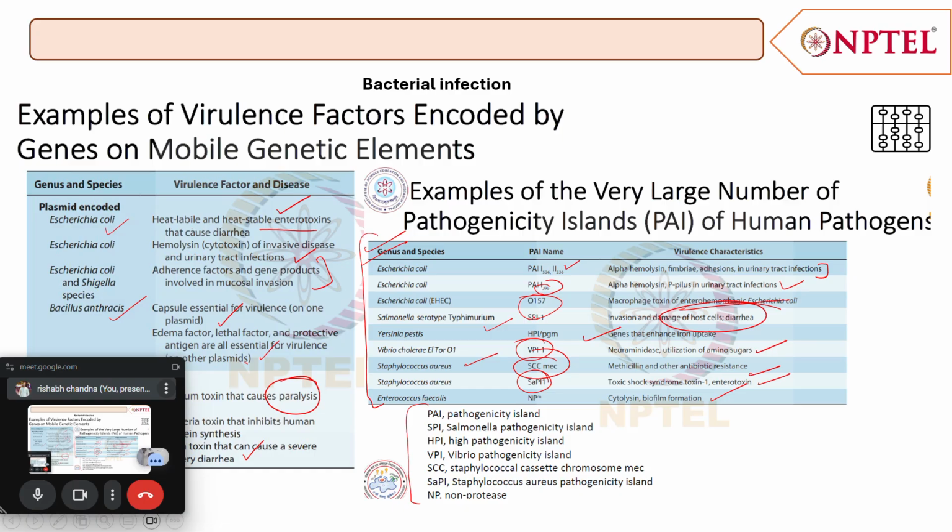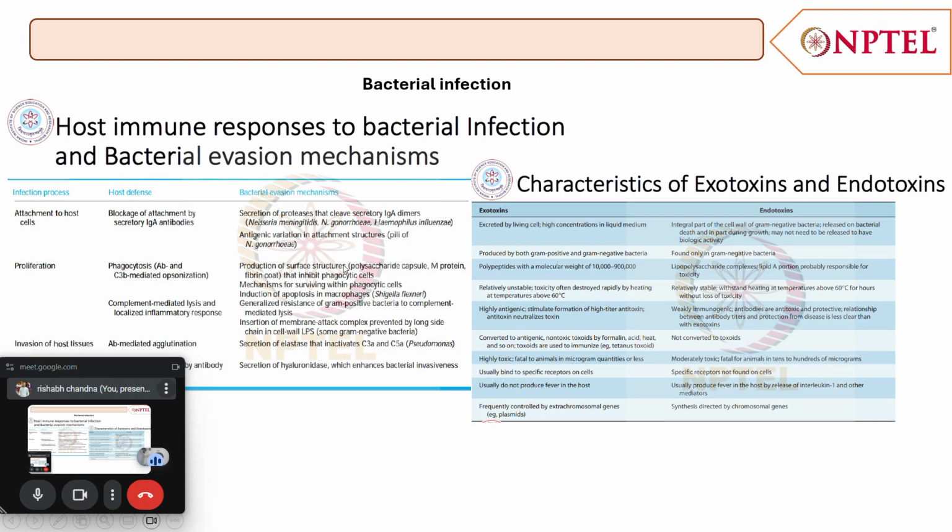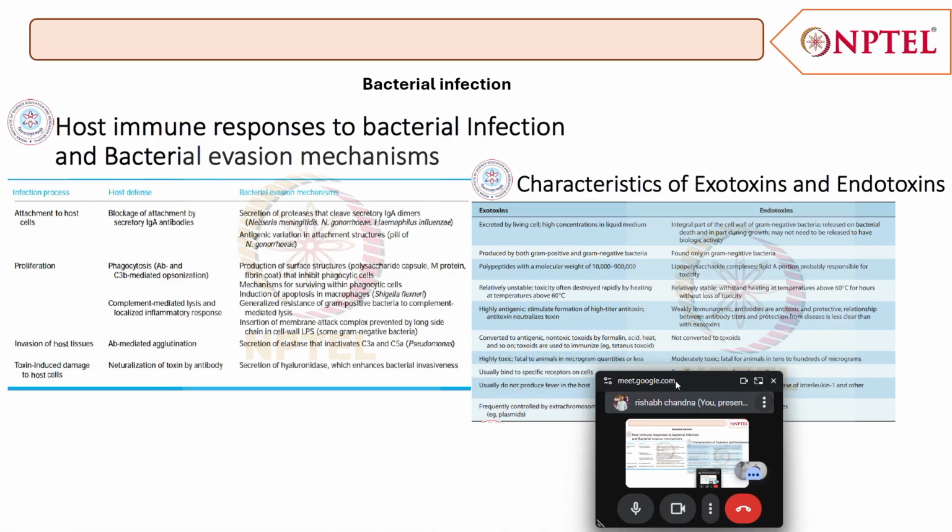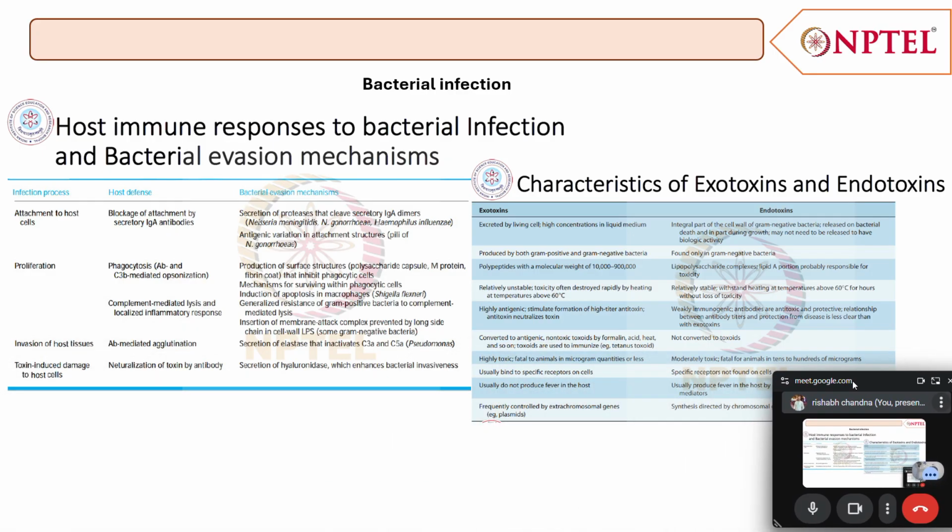Now moving on to the host immune responses to bacterial infections and bacterial evasion mechanisms. In the infection process, the attachment to the host cell is blocked by secretory IgA molecules.